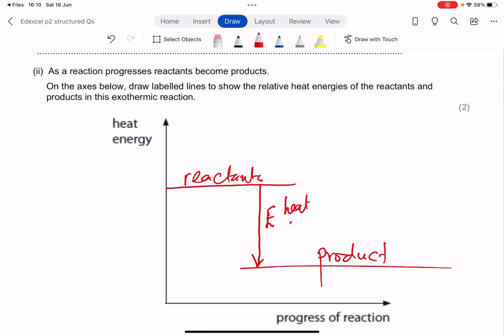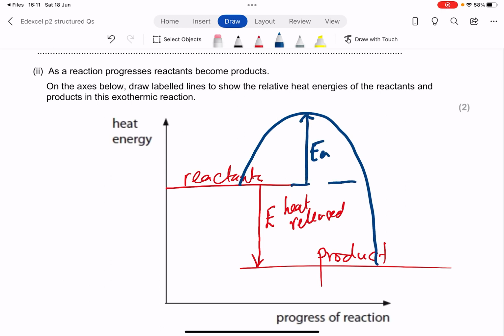So it's exothermic. All the arrows that go down in this graph are exothermic. And if you were asked to show activation energy, then there's your activation energy. The arrow must go up because activation energy is always endothermic.